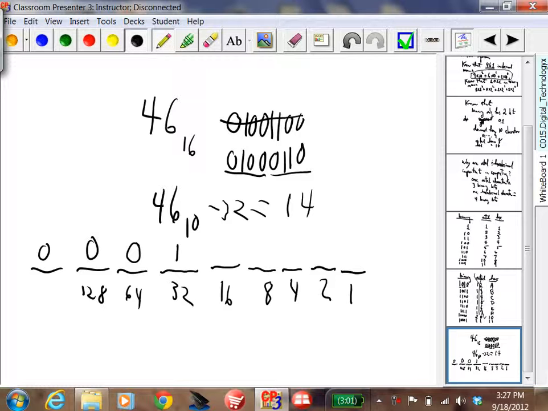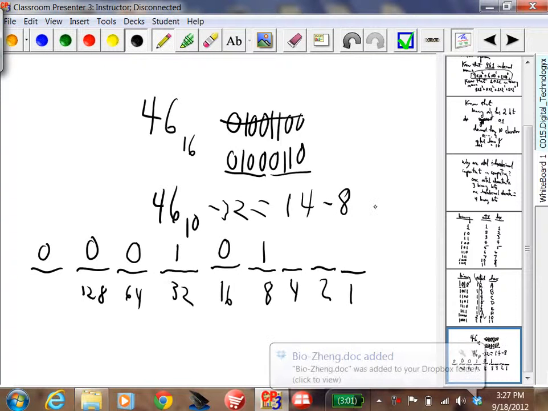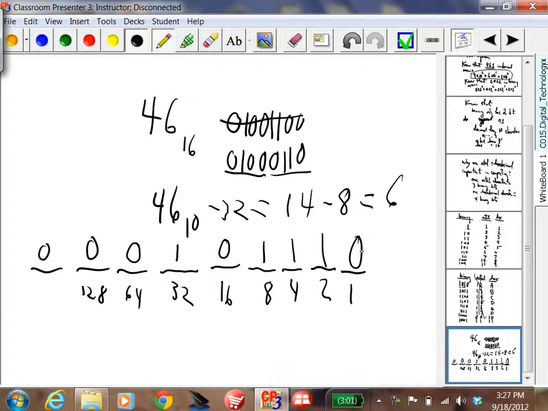Then I say, how do I represent 14? The 16 is too big, so I put a 0 there, and then I subtract 8. And then 4. I subtract that, and I have a 2. And that's the way I do it.